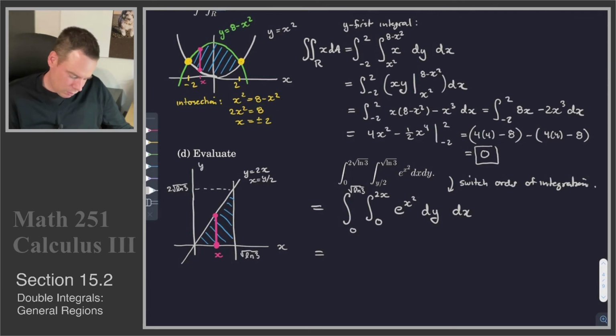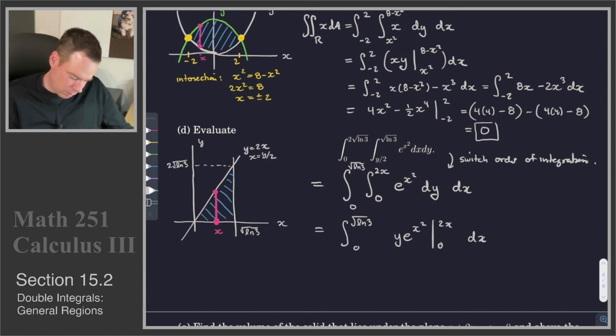And now our very first integral that we're going to have to compute is an antiderivative of y. And that turns out to be quite straightforward because that's just going to be y e to the x squared, going from 0 to 2x dx. So this becomes the integral from 0 to root ln of 3 of 2x e to the x squared dx, and plugging 0 in is just 0.